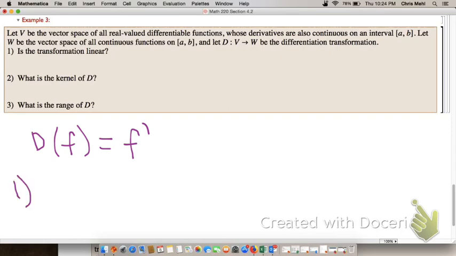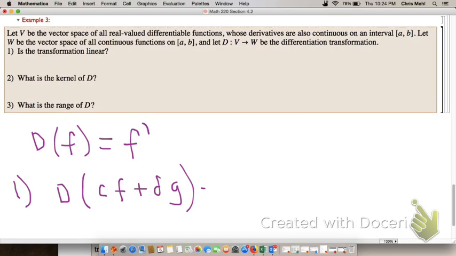So for step one, to show the transformation is linear, we need to apply the differentiation transformation to a linear combination of two functions f and g. So I can do D of cf plus dg. Okay, so f and g are functions that are differentiable on a closed interval and also have continuous derivatives on that closed interval.